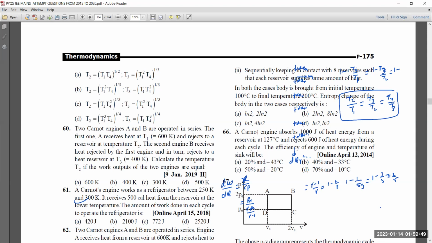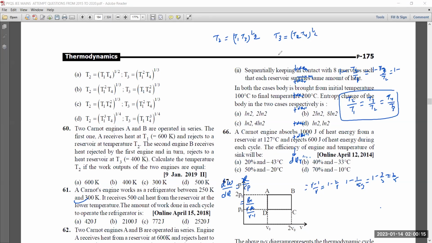T2 square is T1 T3, and T3 square is T2 T4. Okay, so we have to make the replacement. Let me check again. So T2 is how much? T1 T3 power 1 by 2. And T3 is T2 T4 power 1 by 2.